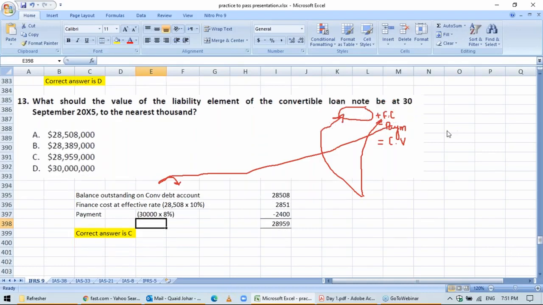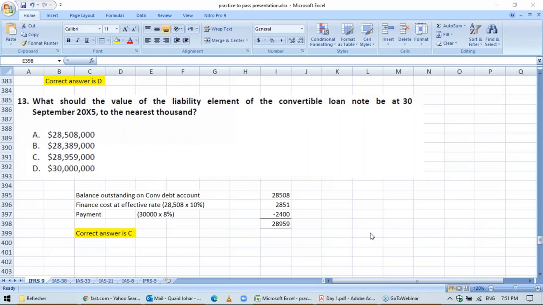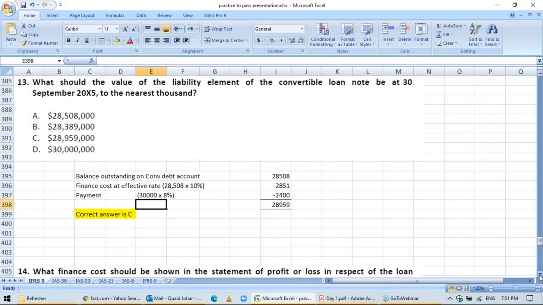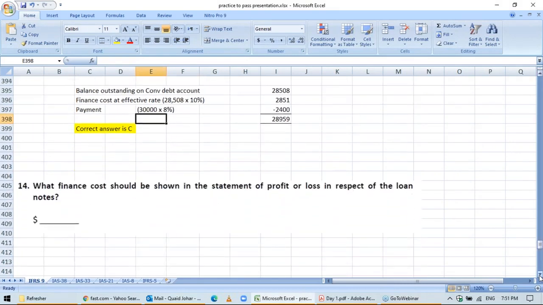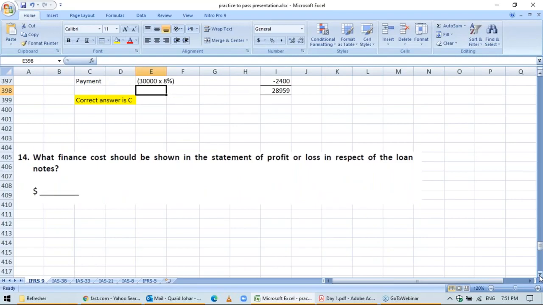Okay, students. So let's move ahead to the next part. What finance cost should be shown in the profit and loss account in respect of the loan notes? So the same rule, effective rate multiplied by the balance outstanding.